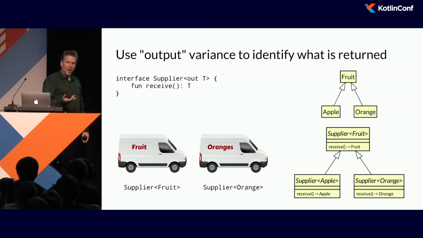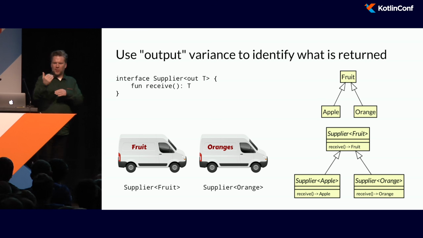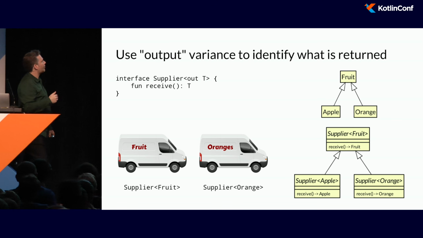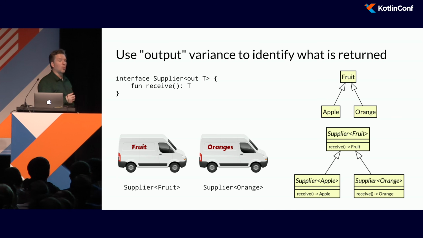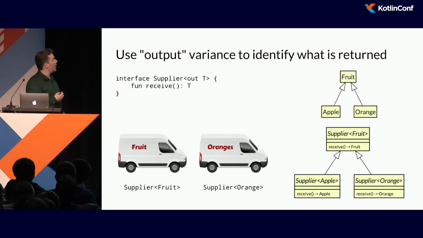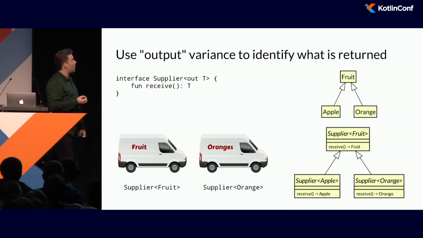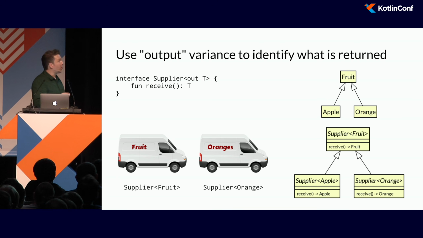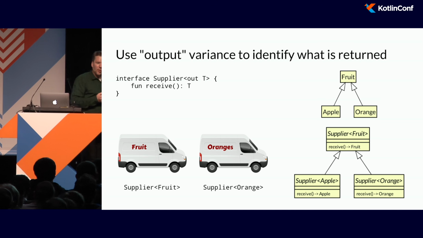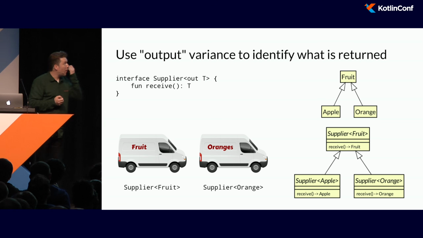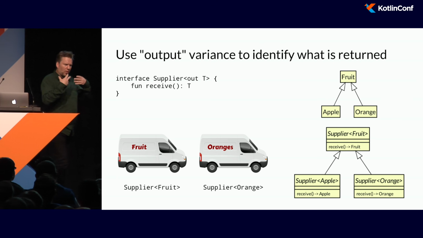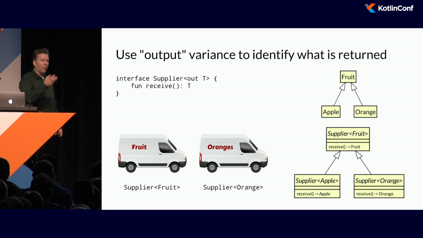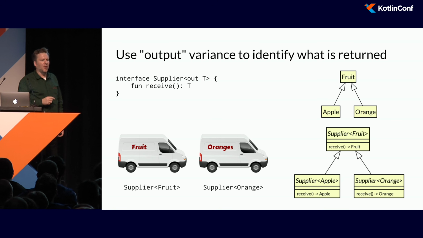Output variance is where you're declaring that the generic type will return to the caller items of the type parameter. So a supplier of fruit will return values of fruit when I invoke its receive method. A supplier of apples will only provide apples. And because I've set the out variance on the generic type there at the top, Kotlin will produce subtyping relationships between the instantiations of this generic type that follow the subtype relationships of the item type.